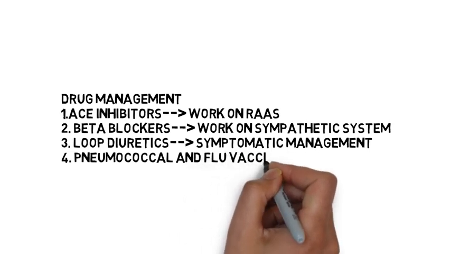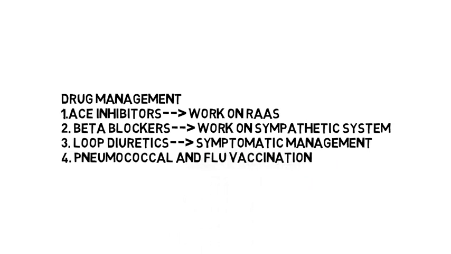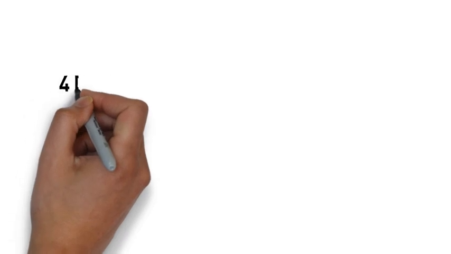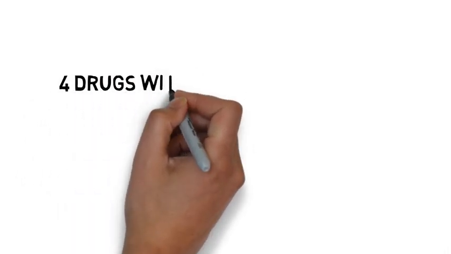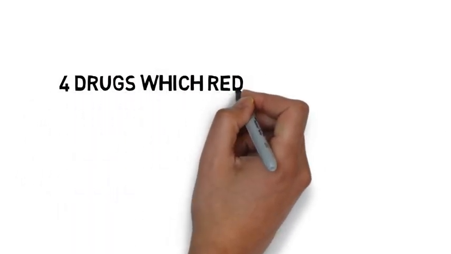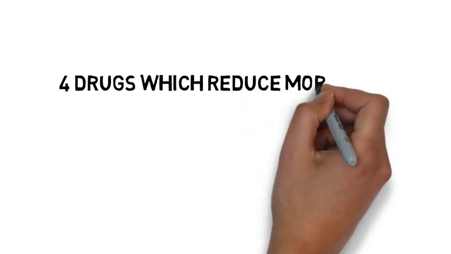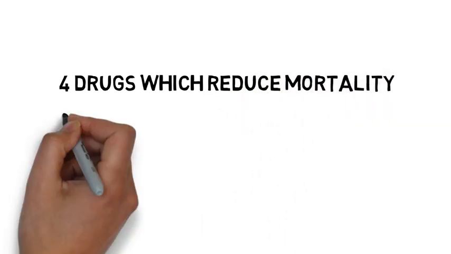These drugs are first line and reduce the morbidity and mortality associated with heart failure. Loop diuretics are also used, but these do not reduce the mortality associated with heart failure. They are used to provide symptomatic relief for the pitting edema.